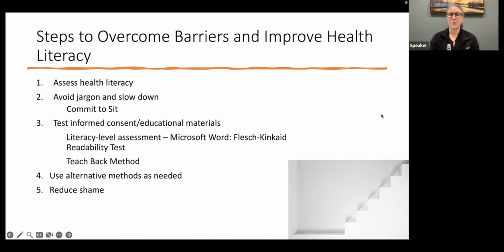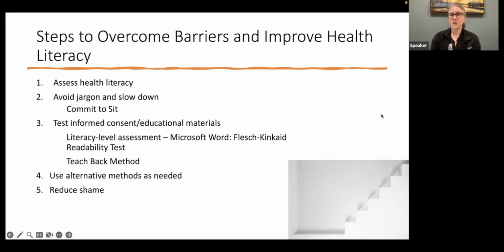So oftentimes we're in a hurry in healthcare. It's not common for us to have very much time to spend. But we need to be understanding of the fact that these patients have communication deficits, so we can't give them the information quickly. We're going to need to give it to them and give them time to consume the information, and we're probably going to have to give it to them more than once.